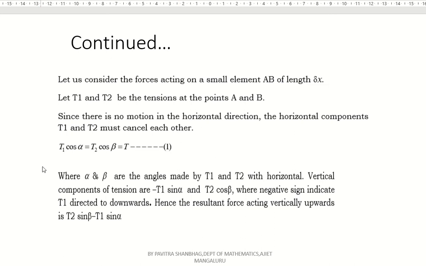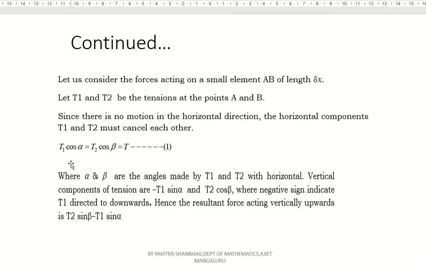Since there is no motion in the horizontal direction, the horizontal components of T1 and T2 must cancel each other. That is, T1 cos alpha, horizontal is always cosine of the angle, right? And perpendicular is always sine of the angle. T1 cos alpha equals T2 cos beta equals, let us consider it as a constant, capital T, where alpha and beta are the angles made by T1 and T2 with the horizontal. But what about the vertical components?